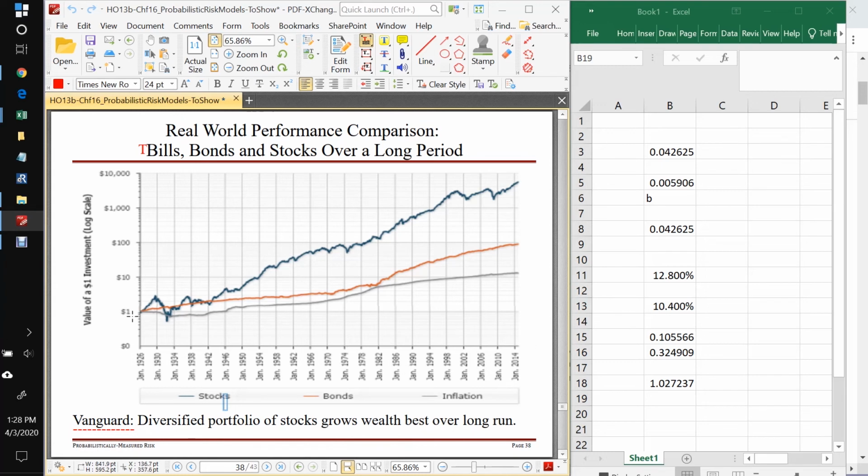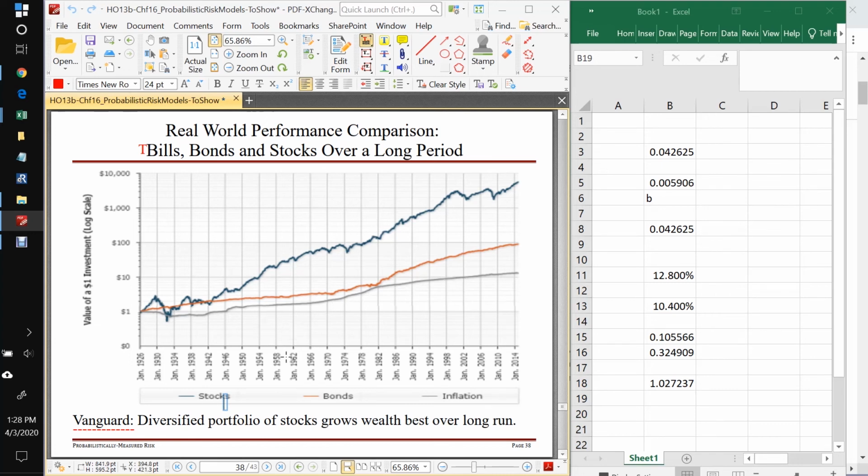We're starting with a $1 pile of money and we end up with almost 10,000. You can see on the trend here, this is growing much, much faster than average corporate bonds, which are this orange color, and the bills here, which are very close to inflation, not giving us that much.